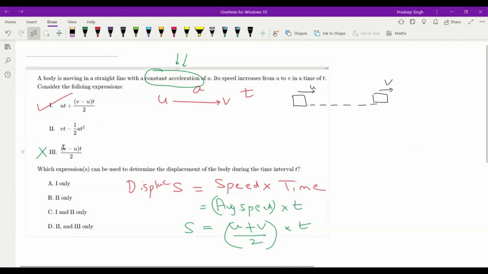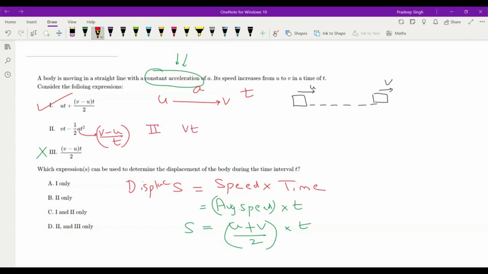And Anishka, anything for equation 2? Not really, sir. Okay. Let's put acceleration as v minus u by t. Let's try to simplify the whole thing. Let's see, do we get the same thing or not?